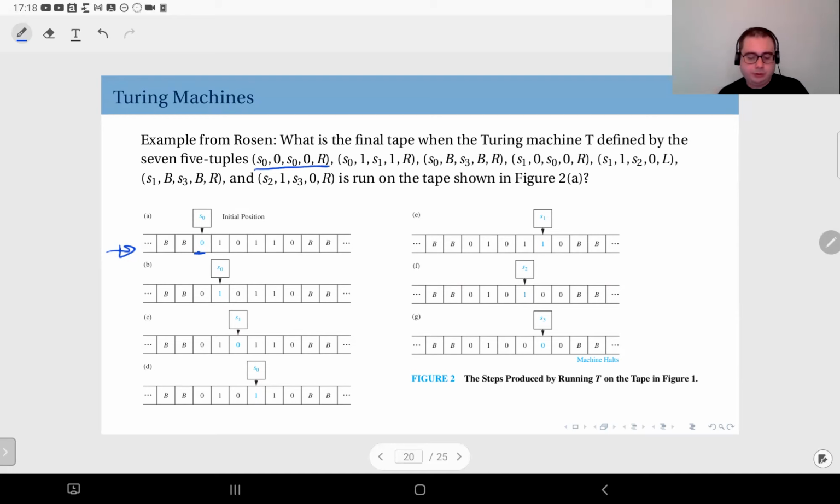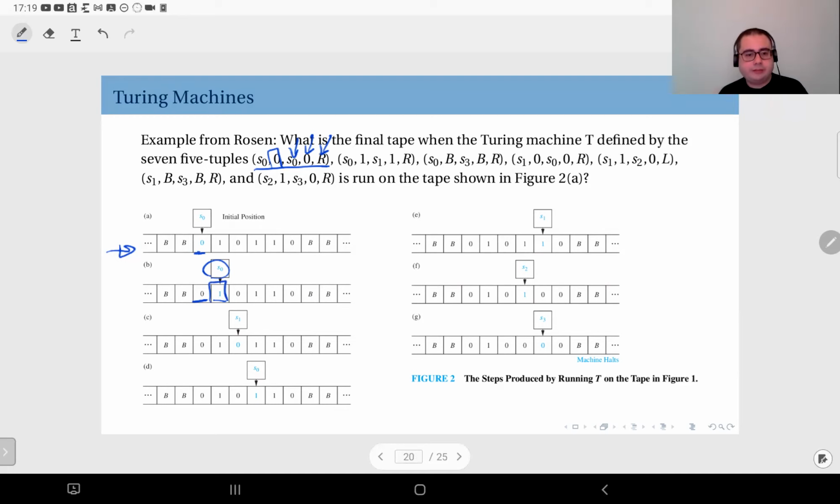S0, 0 tells me that the next state will be S0, and write 0 to this location and move right. So essentially this means do not modify the tape, do not change the state, but just move one position towards right. So my state in the next slot is still S0. I did not change the symbol in this location, but I'm now looking at the next symbol.